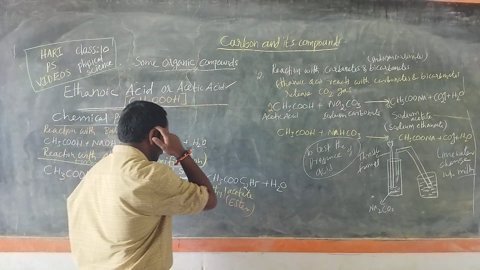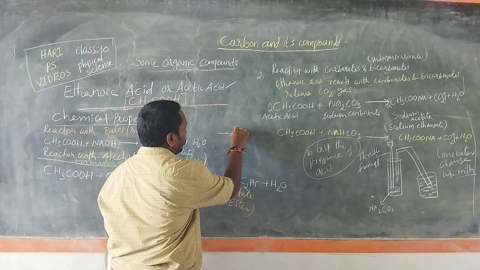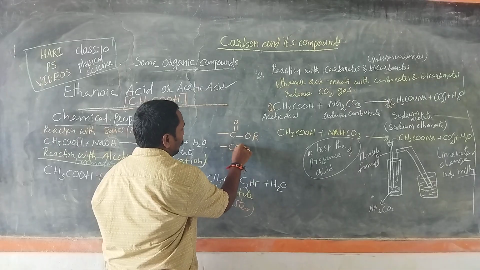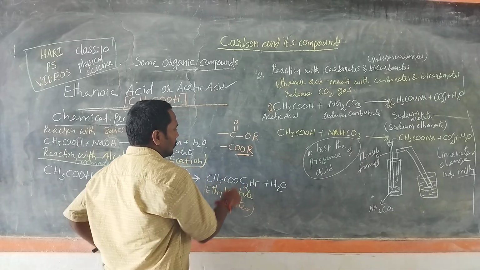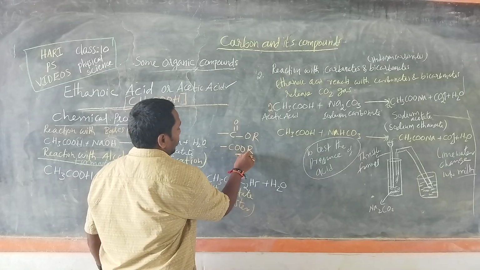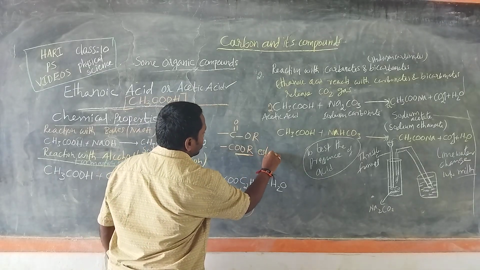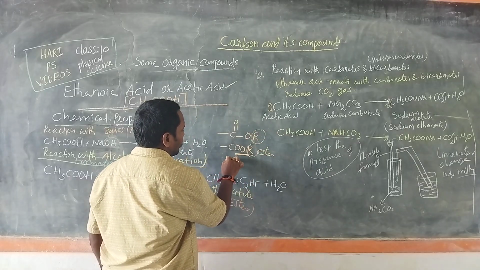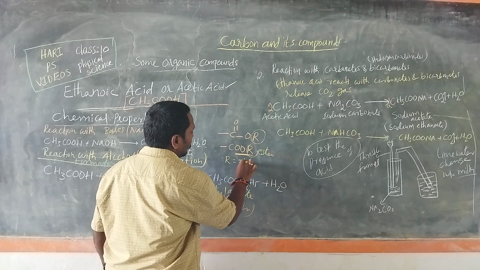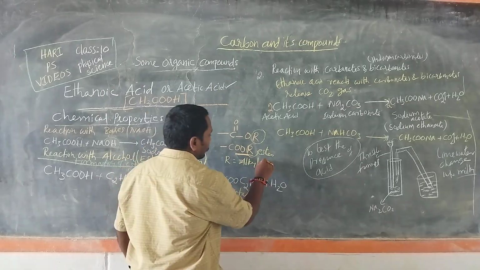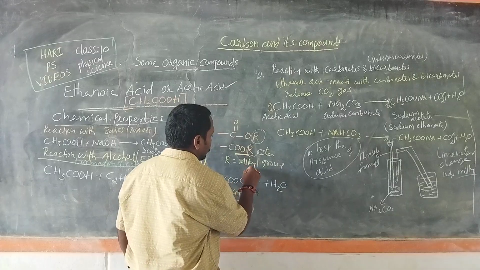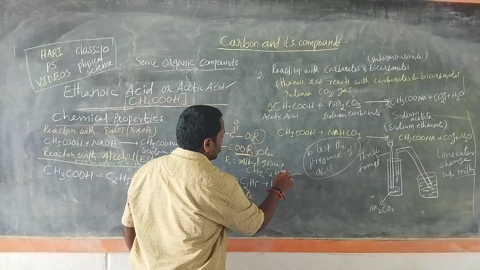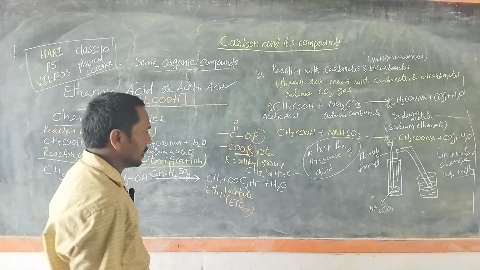As we discussed in the functional groups, C double bond O, OR, or we can write COOR, is a functional group, and one of the functional groups is named ester. Here R represents an alkyl group, like CH3, C2H5, C3H7, C4H9, and so on.